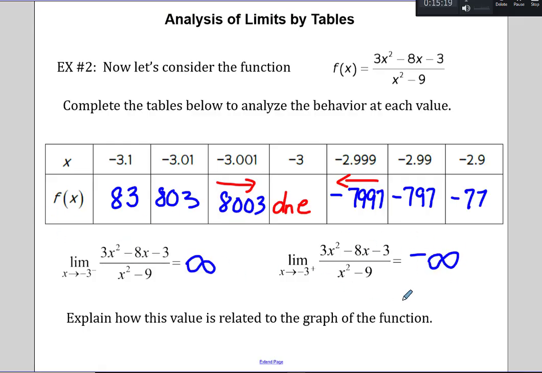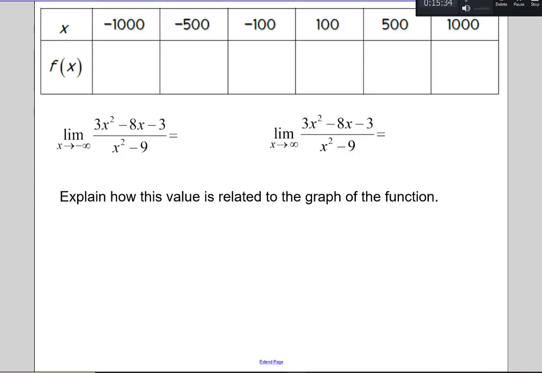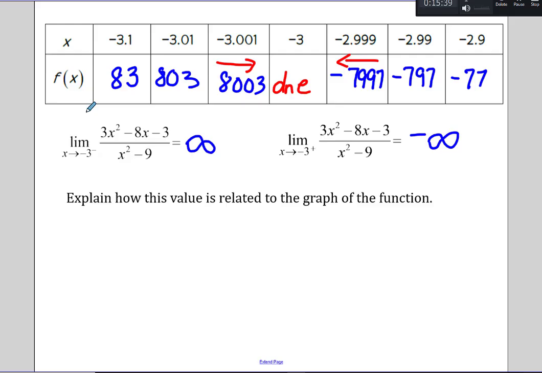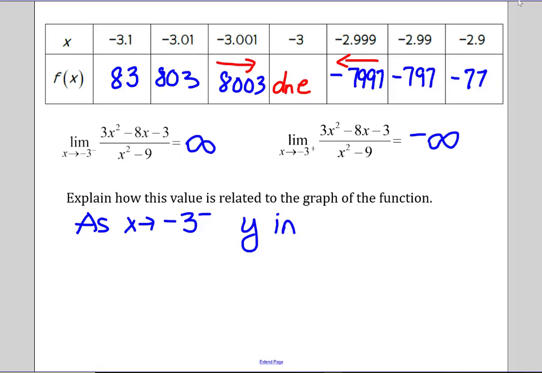So this is the way that we can explain a vertical asymptote, since the behavior is in opposite directions from the left and from the right at that target value of -3. We could explain this way: as x approaches -3 from the left, the y values are increasing.